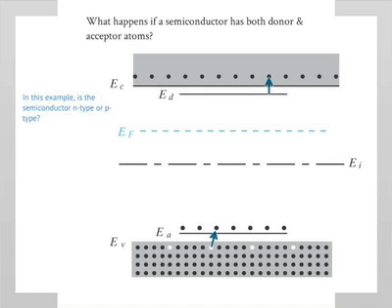It's very important. Okay, now let's think about what's happening here, first of all. So let's look at the donor atom, the donor level. Pretty straightforward. The donor electrons are basically donated to the conduction band, right? Nothing fancy about it. Gets enough energy, goes up. Next, for the acceptor level, same thing.